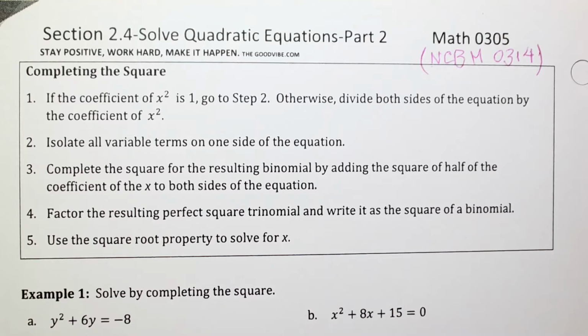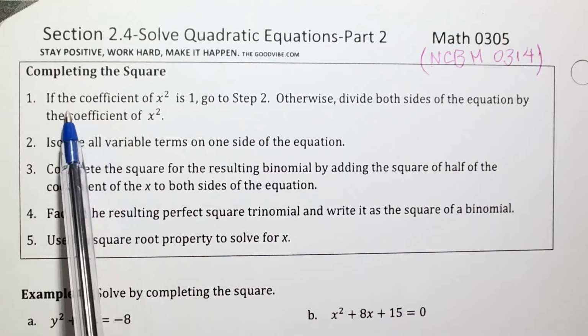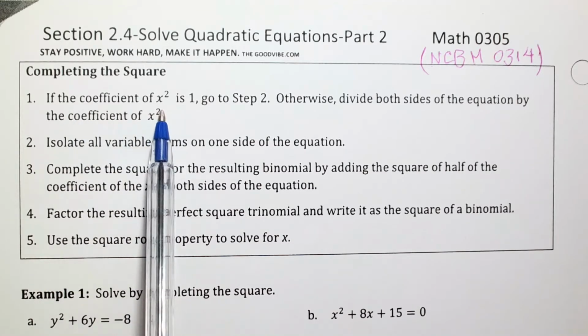As I mentioned, one of the methods to solve a quadratic equation is completing the square. Here, using your notebook, we have 5 steps to solve a quadratic equation using completing the square. In step 1, the coefficient of x squared must be 1.